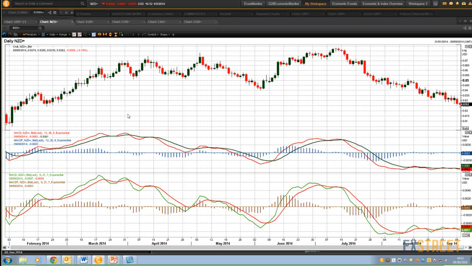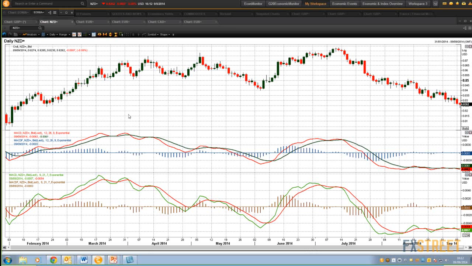But the caveat to that is that you have the potential for more false signals coming through, so you've got to be careful of that.